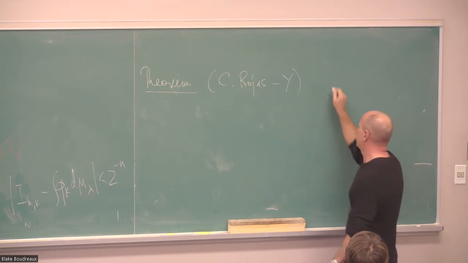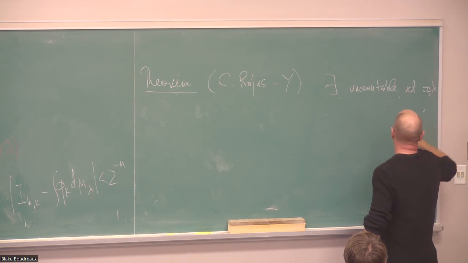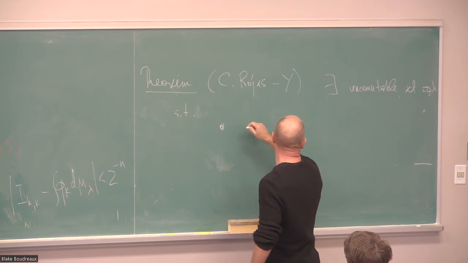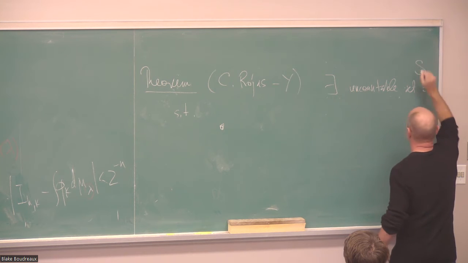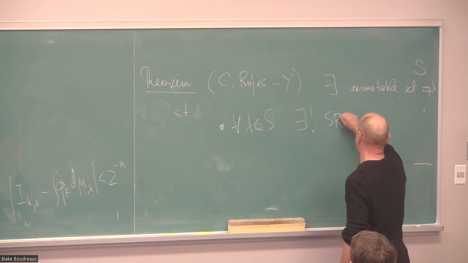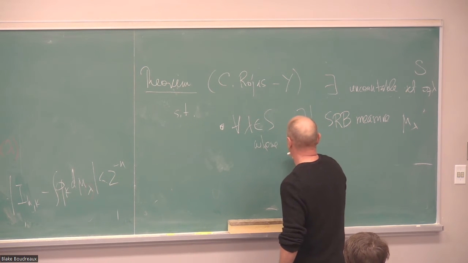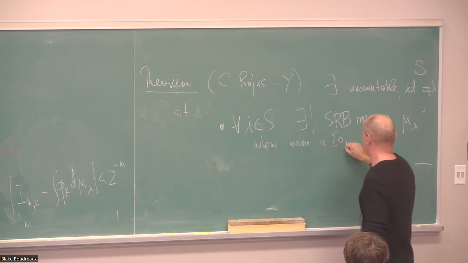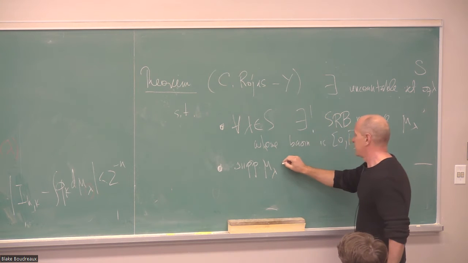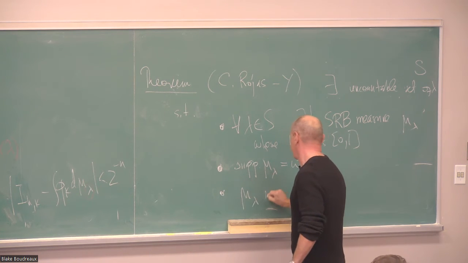And the theorem is that there exists an uncountable set of lambdas, let me call this set S, such that for any lambda in S, there exists a unique SRB measure mu lambda whose basin is [0,1]. And moreover, the support of mu lambda is the omega limit set of the critical point. And mu lambda is not computable.